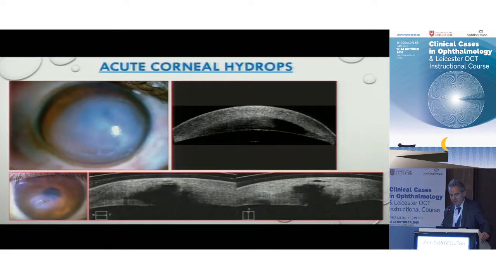keratoconus diagnosis. Now, it's also very useful to use anterior segment OCT in cases with corneal hydrops, not only for the diagnosis, but also for evaluating the post-treatment course, regardless of the treatment approach that we use, whether a conservative approach using topical steroids or anti-inflammatory drops, or gas insertion in the anterior chamber, or sutures.